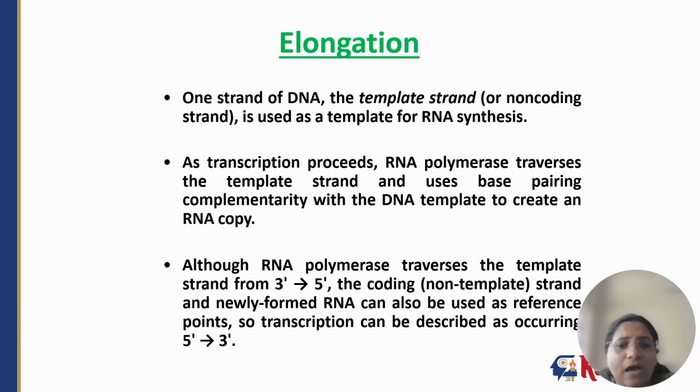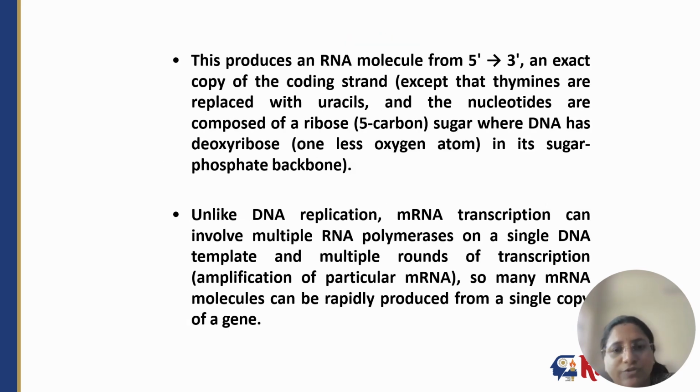Although the RNA polymerase traverses the template strand from 3' to 5', the coding strand and newly formed RNA can also be used as reference points, so the transcription can be described as occurring 5' to 3'. This produces an RNA molecule from 5' to 3', an exact copy of the coding strand, and the nucleotides are composed of the 5 carbon sugar called ribose, where DNA has deoxyribose in its sugar phosphate backbone.